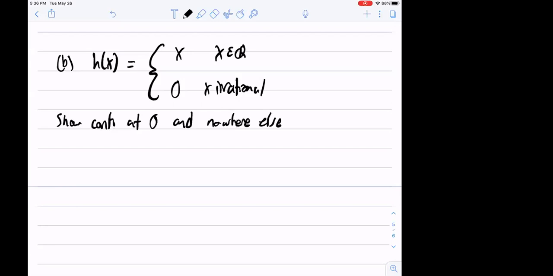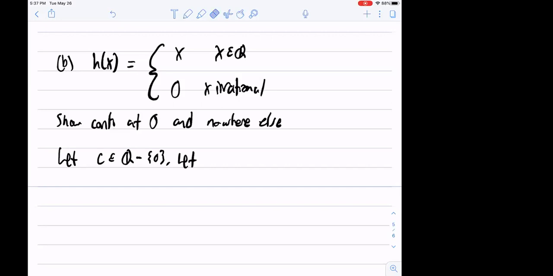So let me do one of the hard parts. Let's show it's not continuous on the rationals without 0. Actually, let's just do everything.